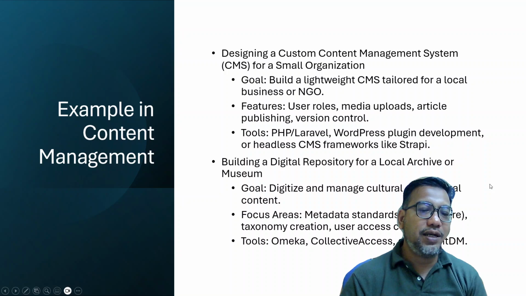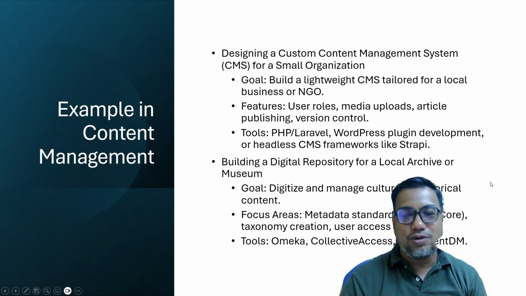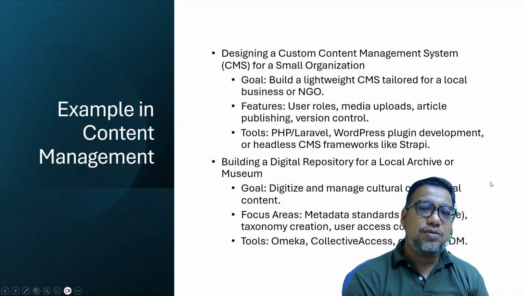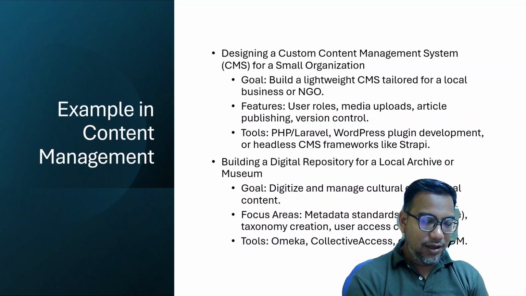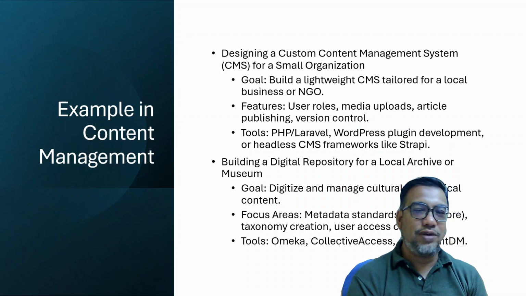For example, you want to build a CMS tailored specifically for local business or NGOs. You cannot just take any available CMS, customize and deliver it as your capstone. For example, you take WordPress. You cannot do that. Okay, it must be custom. It's made by you.